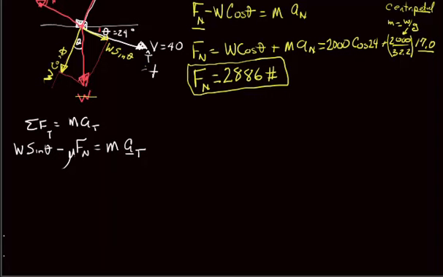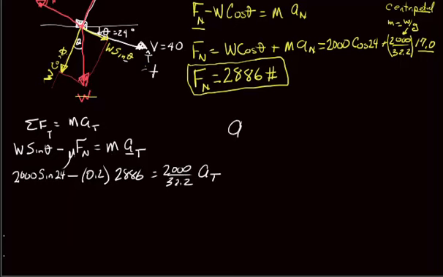We can divide by the m, so we'll get 2,000 sine of 24 minus 0.2 for the friction times 2886 is equal to 2,000 over 32.2 times a t.